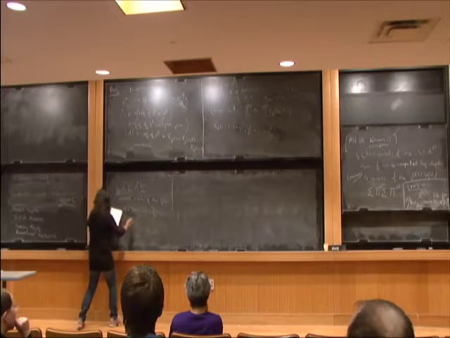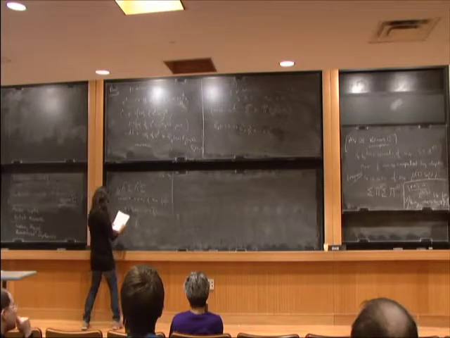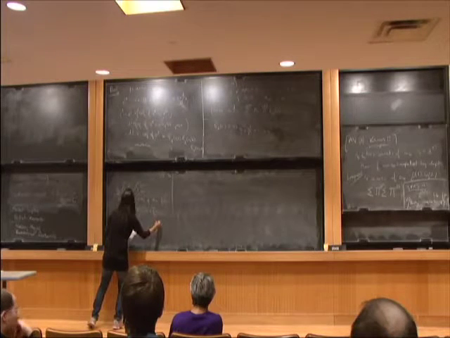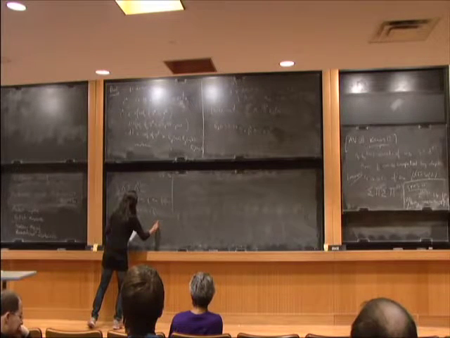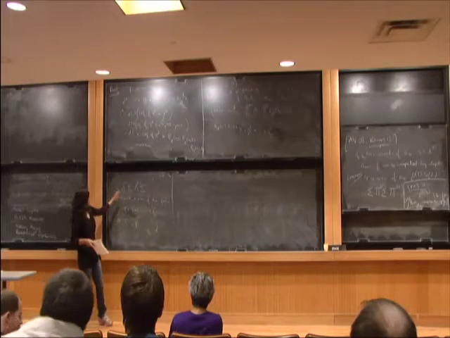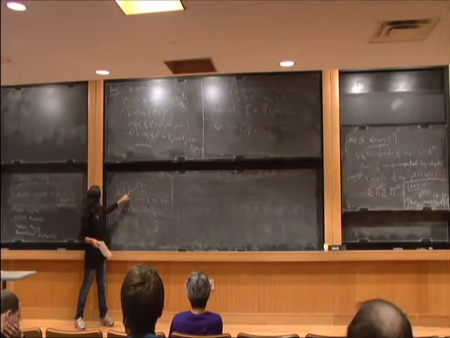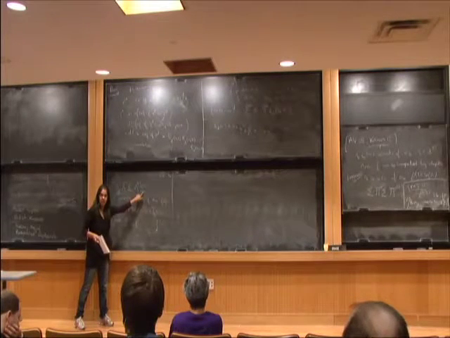Each Ti is of the following form. It's something to the power a, right? The something that goes inside is a sum of powers of sums.